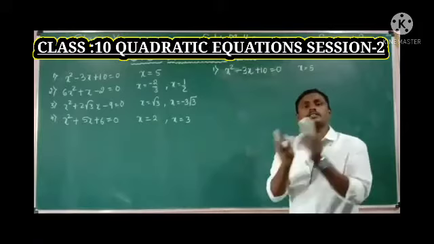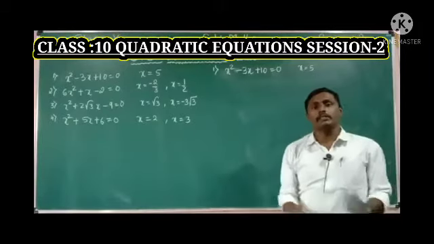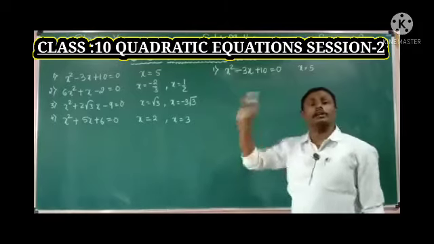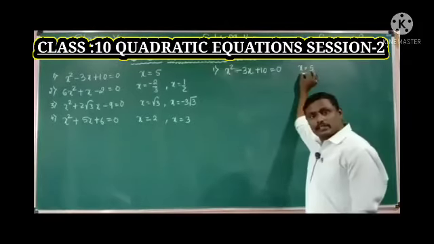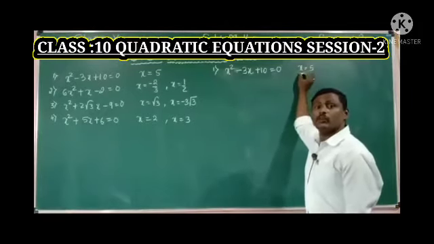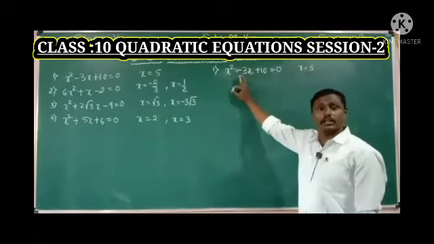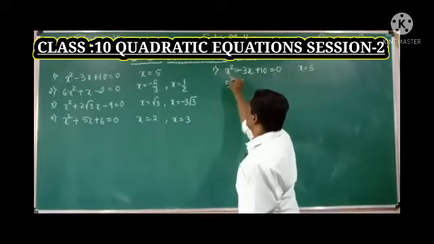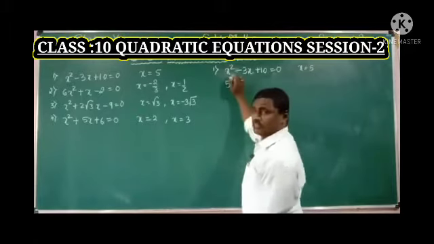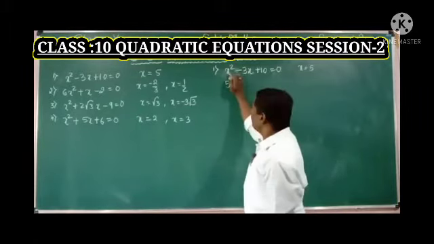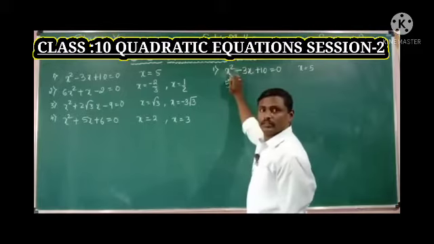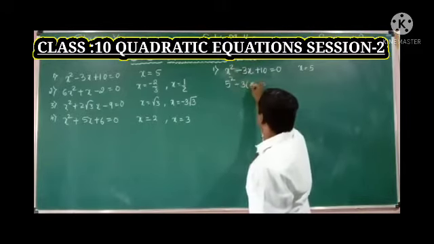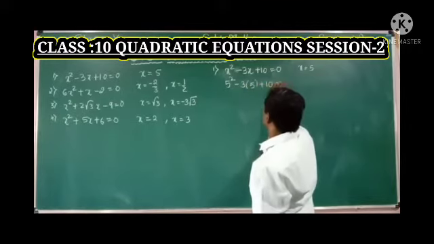If LHS is equal to RHS, it satisfies the given quadratic equation, and we consider it as one of the roots of the quadratic equation. So x is equal to 5 means 5 square. Just substitute the x value in the place of x, right? So 5 square minus 3 into 5 plus 10 is equal to 0.